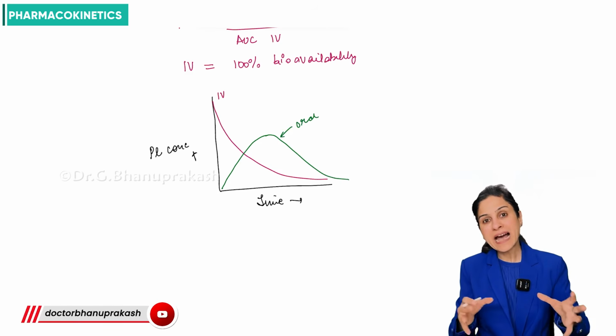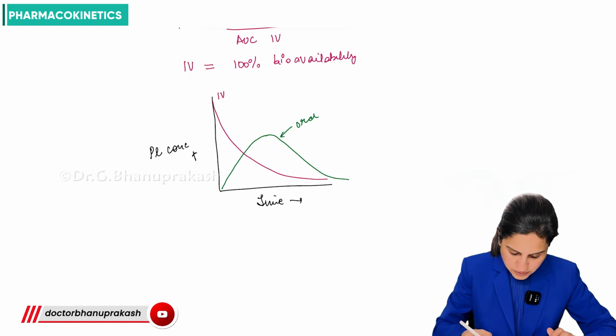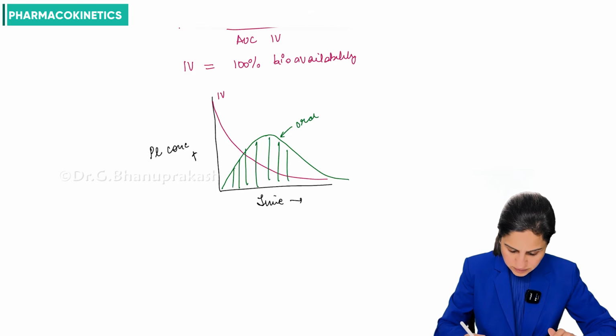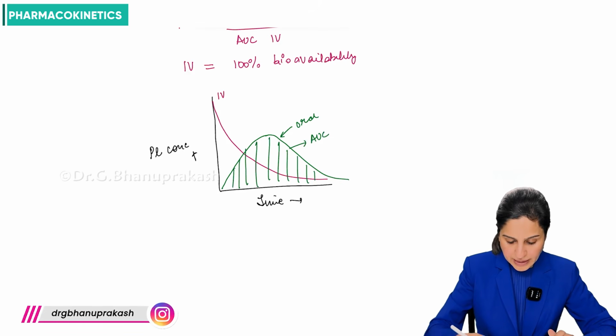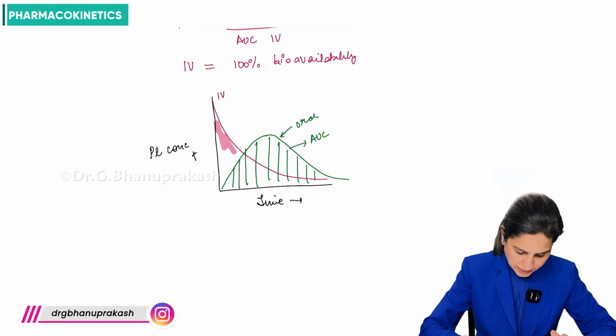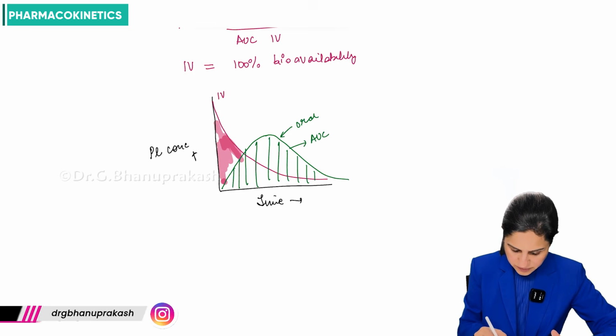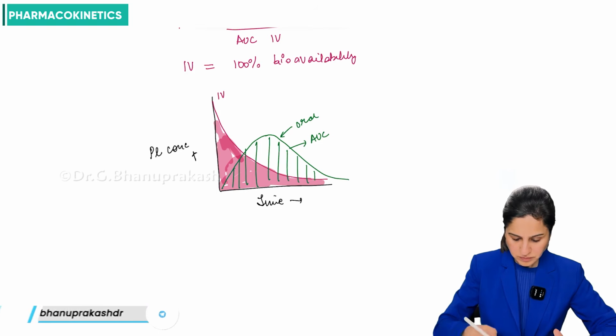So, what you do is calculate the area for these graphs. For the oral route, this would be the area, right? So, you calculate the area under curve here, and for the IV route, this whole would be the area by the IV route, right? This one. Okay.